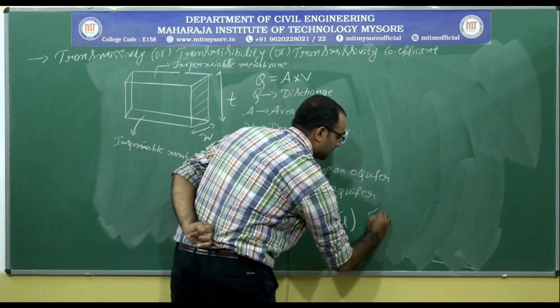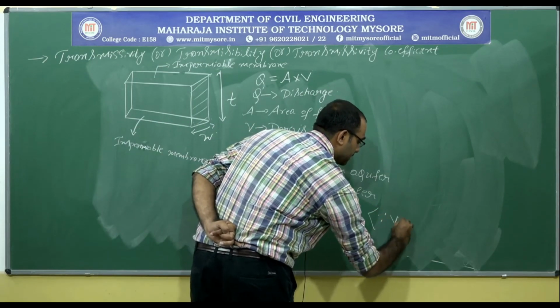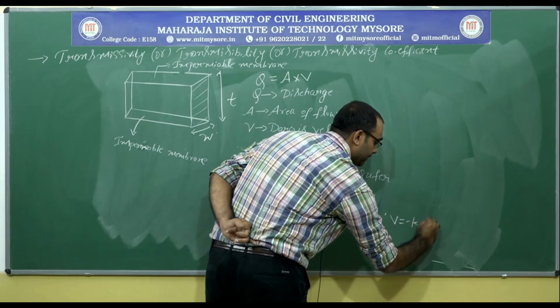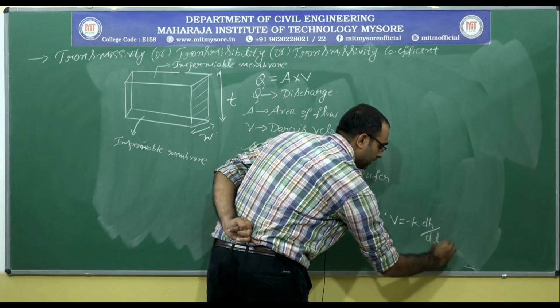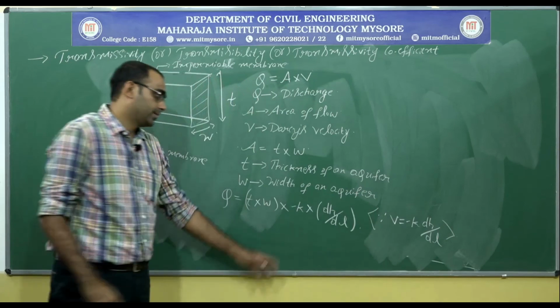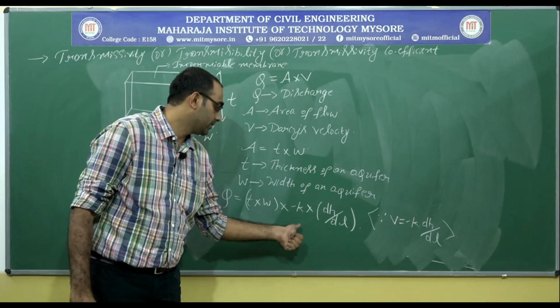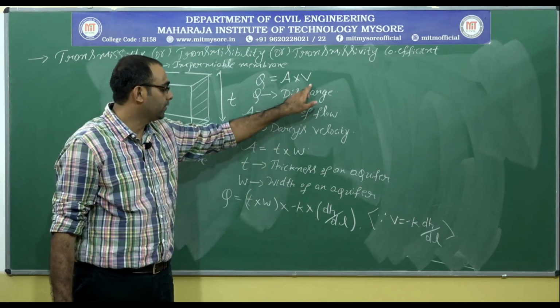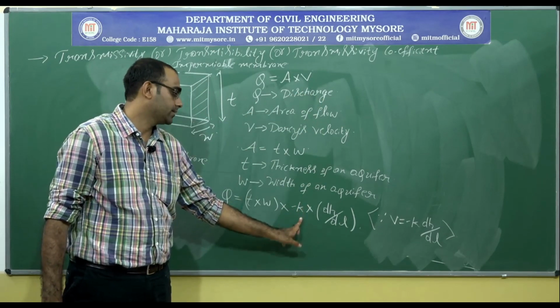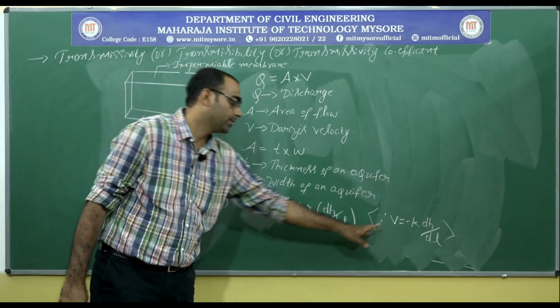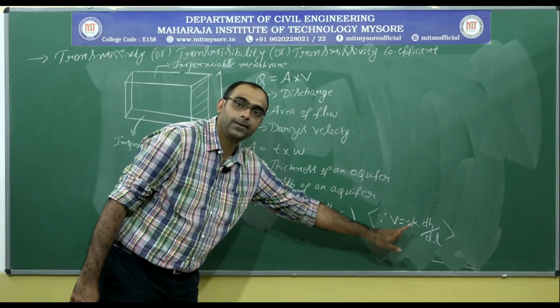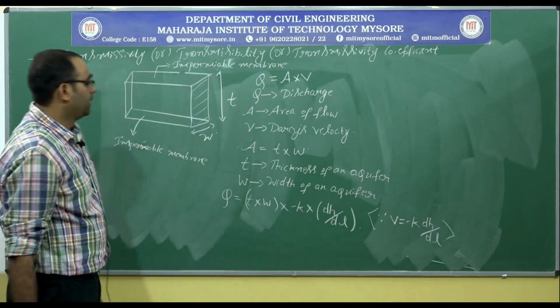So just write in the bracket as V equals minus K into dH by dL. Okay, because while evaluating, the evaluator should know how the value for V is changed to minus K into dH by dL, that is by Darcy's velocity equation.